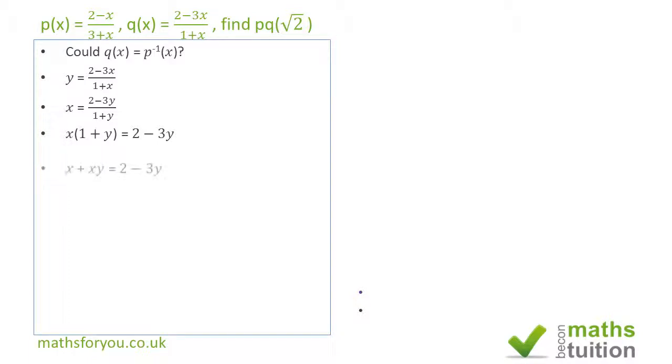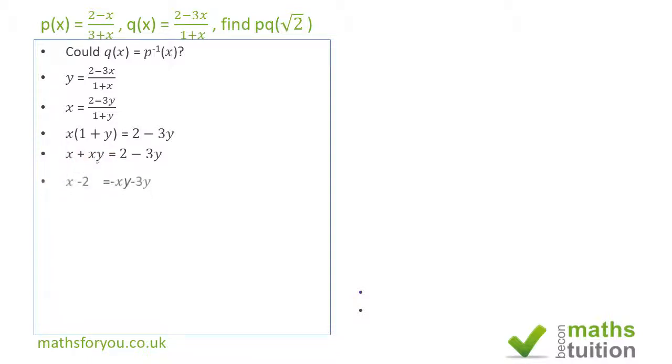Open up our brackets, we have that x plus xy is equal to 2 minus 3y. I could have done it the other way around, but if we now move our xy to the right hand side, the sign will change. It will become minus xy. And if we move 2 to the left hand side, the sign will change, then becomes minus 2.